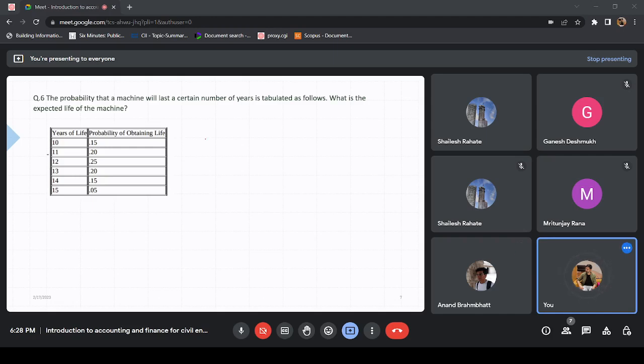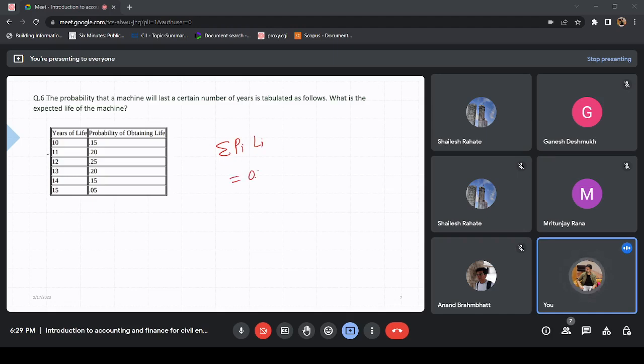Okay, so what we would be doing in this case is a simple formula: probability of each incident into each life, and sum it up, right?